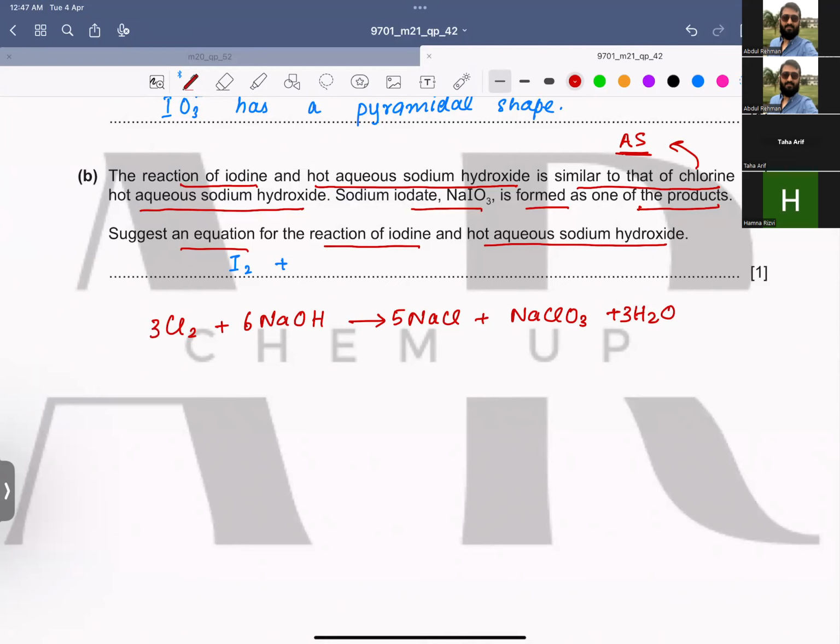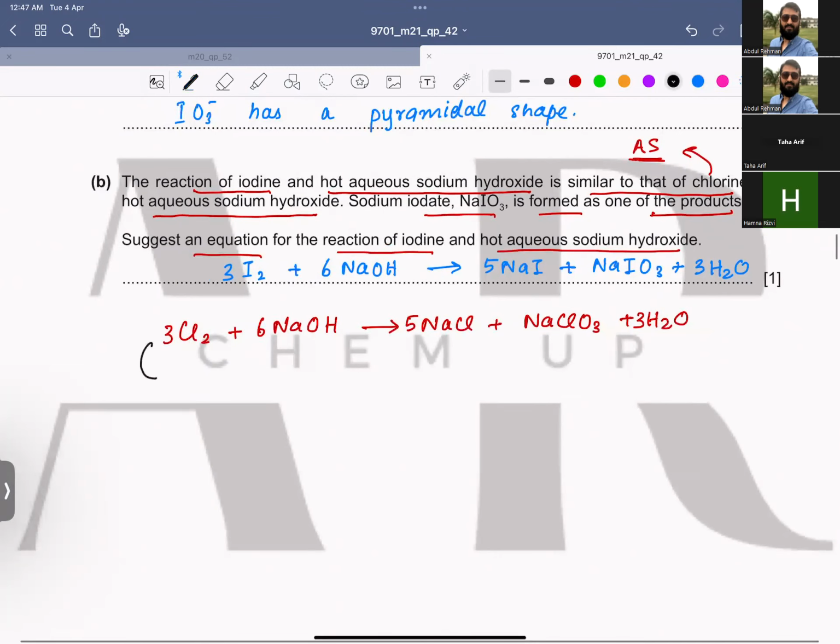So, 3 moles of iodine react with 6 moles of sodium hydroxide, forming 5 moles of sodium iodide, 1 mole of sodium iodate, and 3 moles of water. So this would be the equation. Is this clear to everyone? Yes, sir.